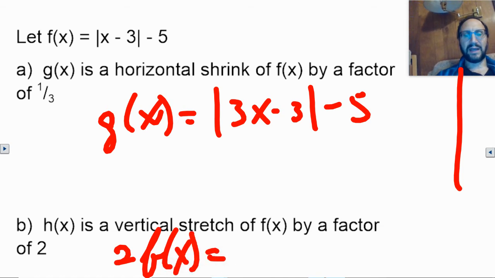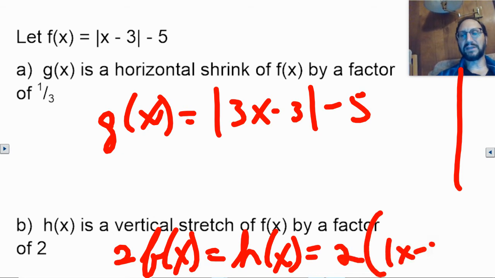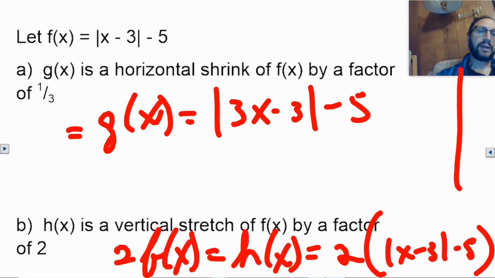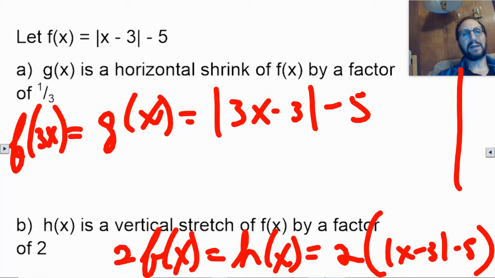So that means that our new function h of x is just 2 times the whole thing, x minus 3 minus 5. And we can distribute that too. By the way, if you're wondering, this one is f of 3x. So wherever the x is, I put a 3x. For this one, it's 2 times the whole thing. So 2 times the absolute value of x minus 3 minus 10, distributing.